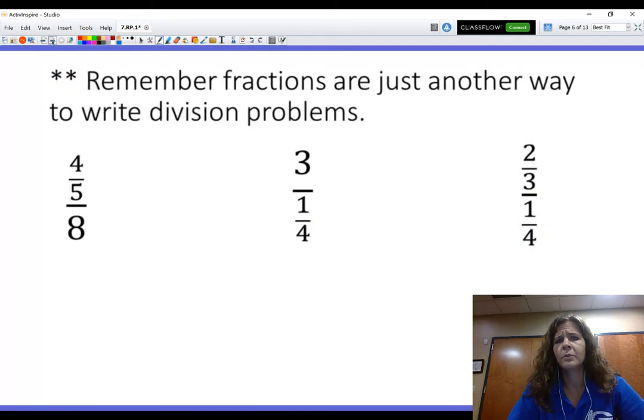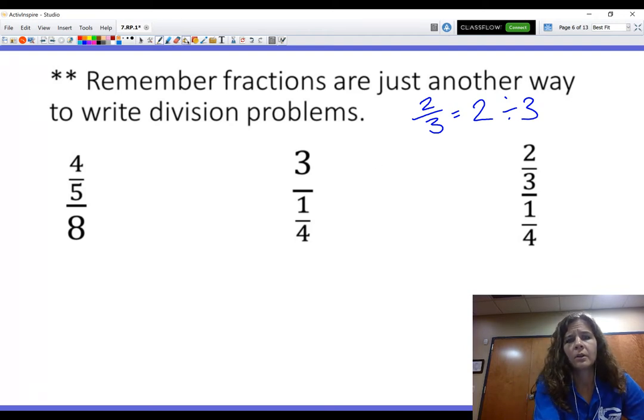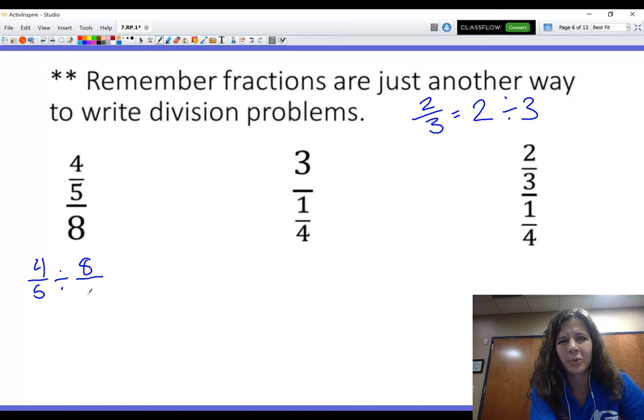So we just need to remember that fractions are just another way to write division. If we had 2/3, we could just rewrite that as 2 divided by 3. Fractions are just division. So let's take these examples and rewrite them as division. So we have 4/5 divided by 8, and I'm going to change that to an improper fraction by putting it over 1. Just because when I'm dividing fractions, I want them all to be fractions.